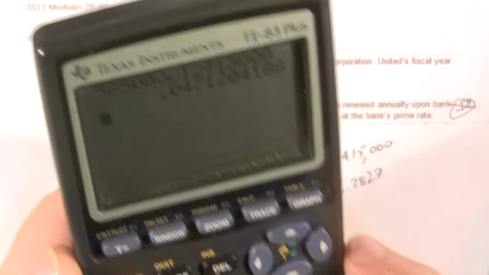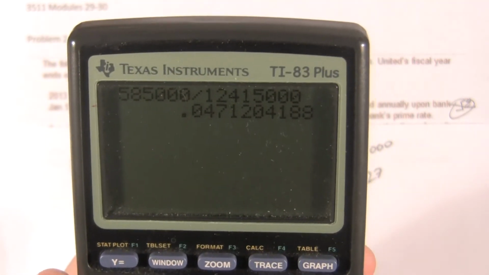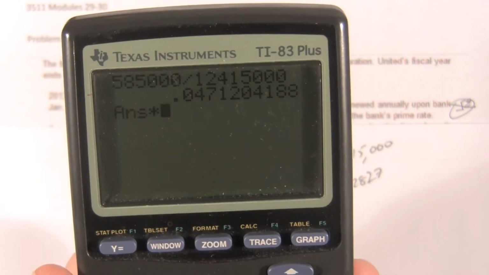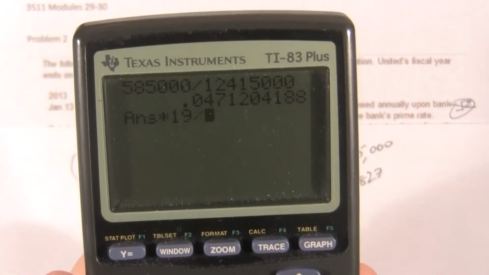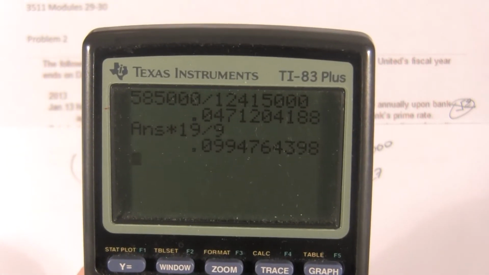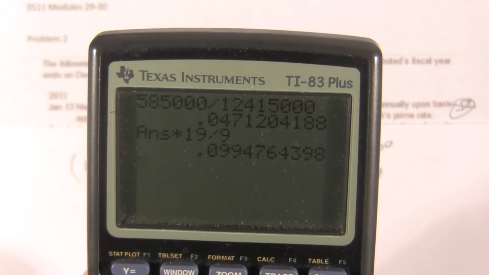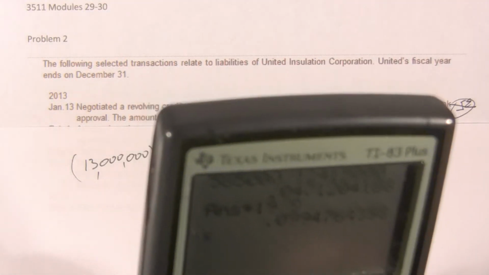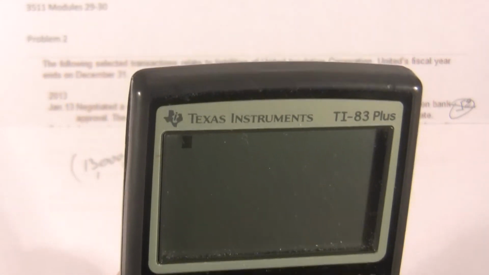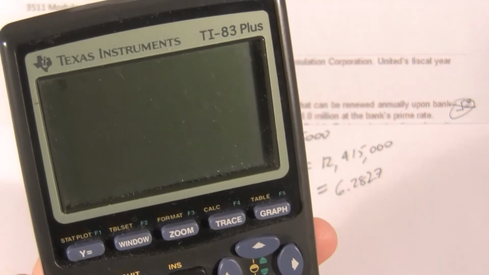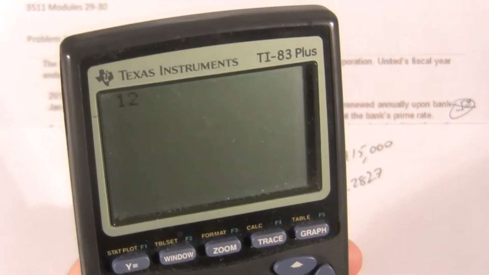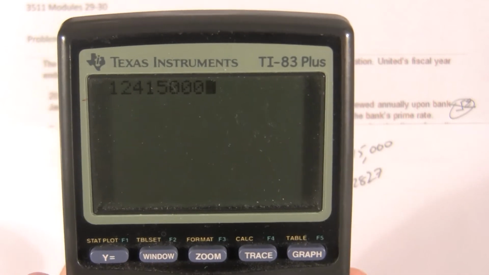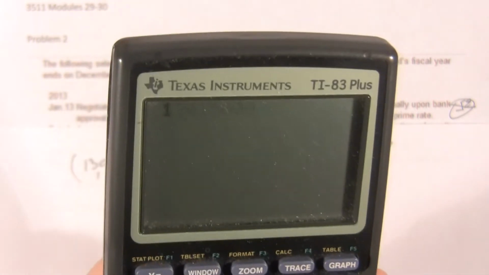So I was on the right track, I just forgot to do the next part: times 12 divided by 9. Let me start over again. 12,415,000, that's how much we borrowed.